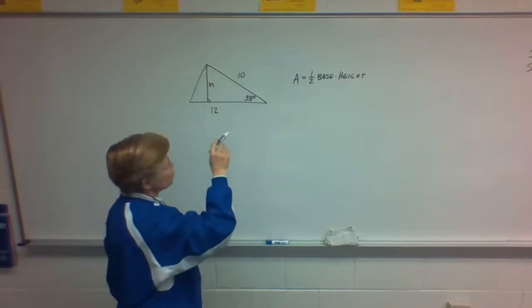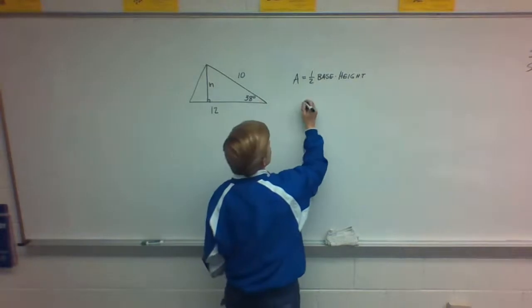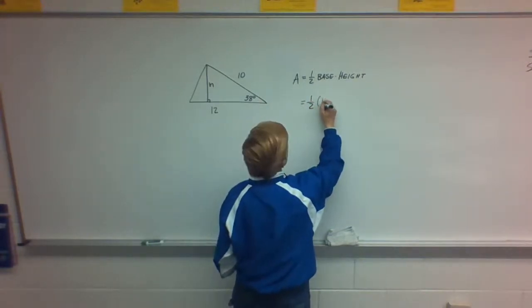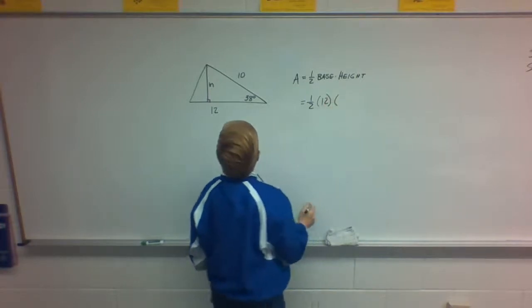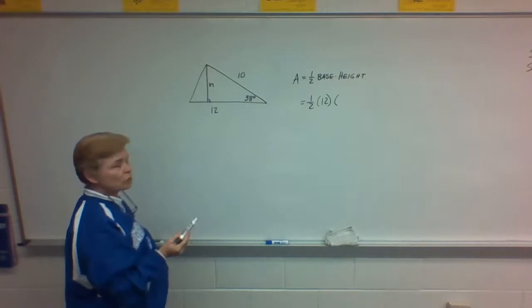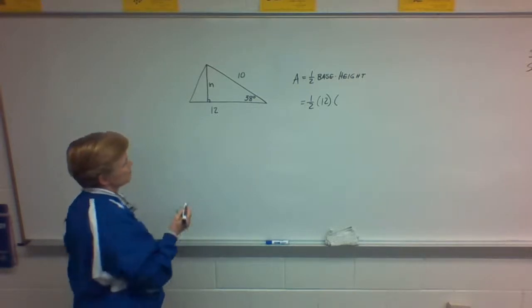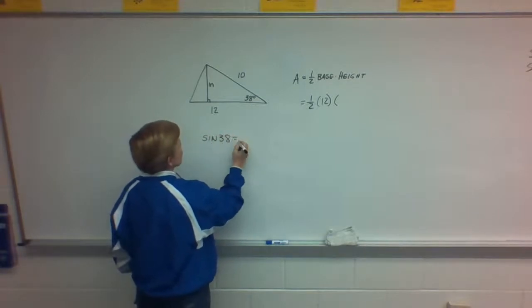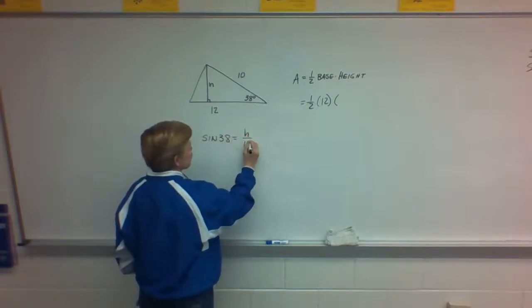And if I drop that altitude, because I only know this formula right here, then I plug things in, I would get 1/2 the base, which is 12, times the height. I don't know what the height is, but I have something that I could write that's equal to the height. Sine 38, good, equals H over 10.